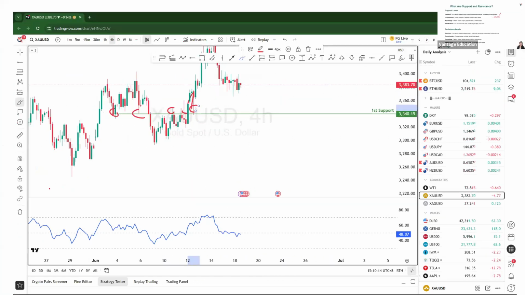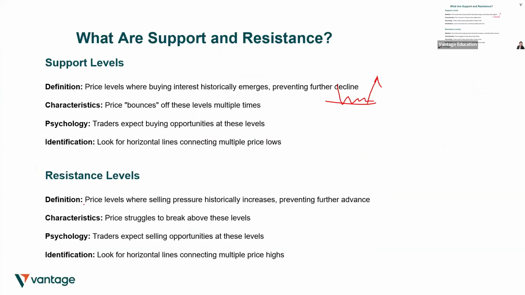Another one is the resistance level. Basically the resistance level is where selling pressure historically increases, preventing further advance. Here the resistance acts as the ceiling.